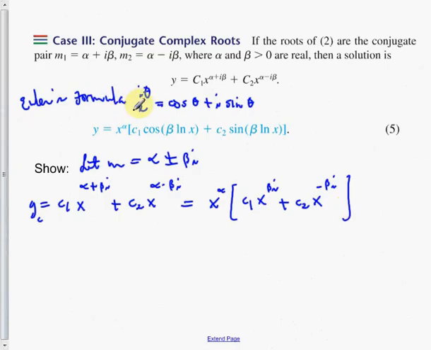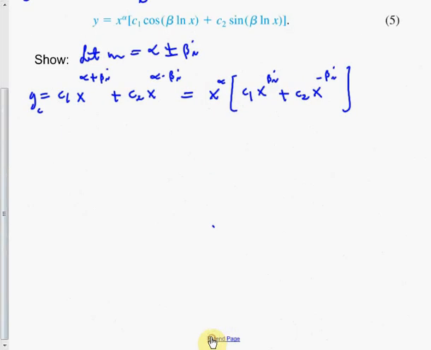Euler's formula says e base can be converted to a cosine and sine combination. Here our base is x, it's not e. It's totally different. So we just use our algebra and manipulate it. Here's what we do.